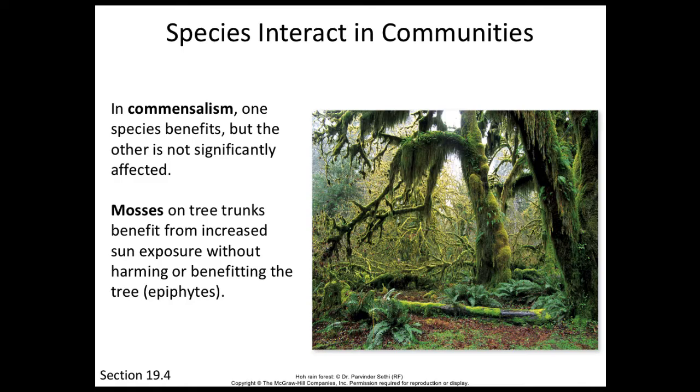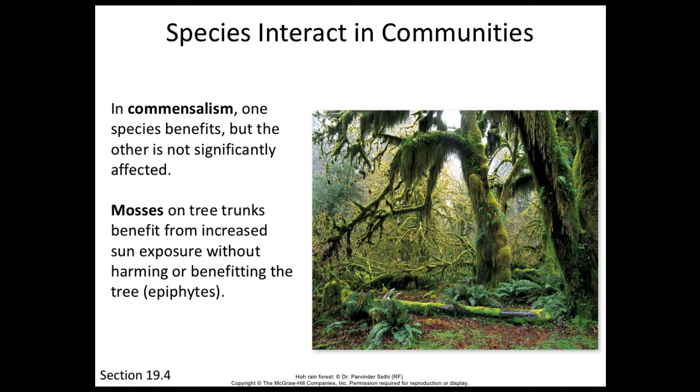Commensalism is slightly different. In commensalism, one species benefits, but the other really gets no effect. It gets a neutral effect. For example, many types of plants grow on other plants. If you walk in a forest, you'll see there's mosses and ferns and lots of different plants that grow on the sides of trees.